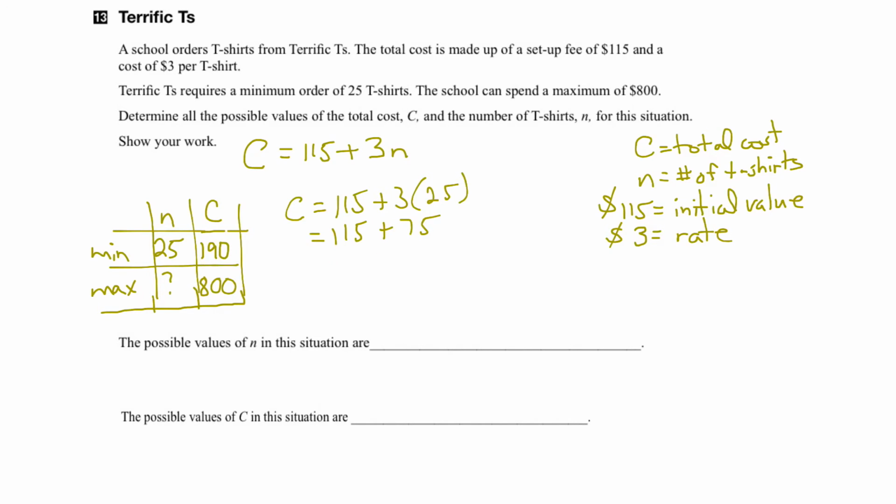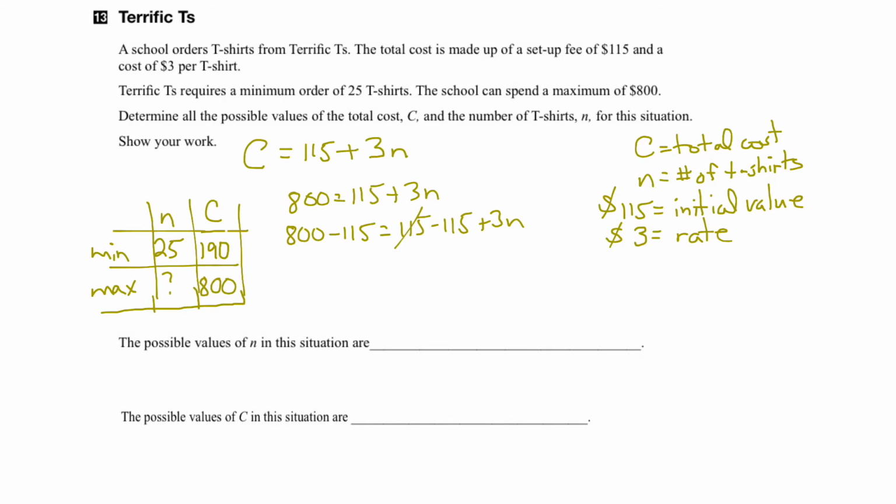Now let's look at the maximum side of things. In this case, we'd plug 800 in for the total cost and solve for N. So we would get 800 equals 115 plus 3N. Subtract 115 from both sides, so 800 minus 115 equals 115 minus 115 plus 3N.